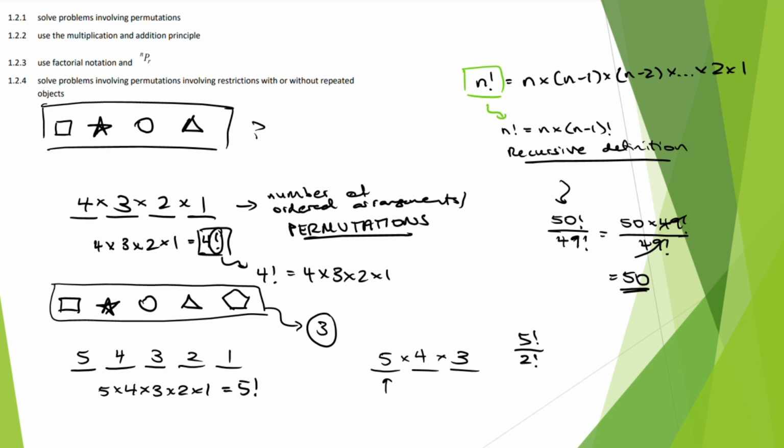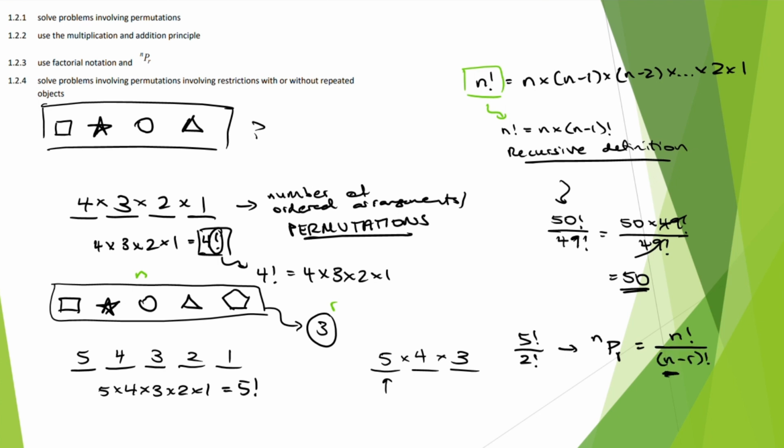Now, this case involves selecting from n objects. Alright? And we have 3 places that we want to fill in. I'm going to label the number of objects I have to choose from and the number of places I have as n and r respectively. So if this is how I'm labeling them, then generally a permutation can be written as n permuted with r places, and that is equal to n factorial over n take r factorial.